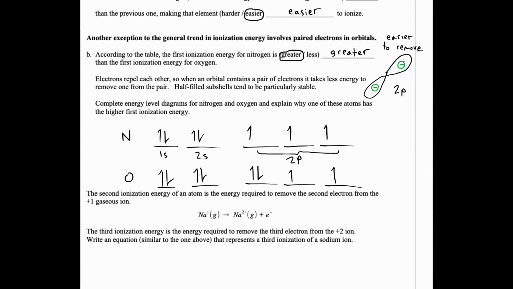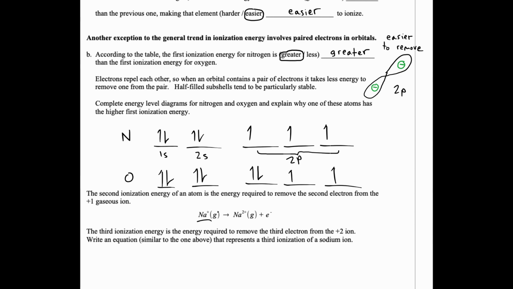The second ionization energy is when we're taking an atom that's already been made into a positive ion and taking one more electron from it, causing it to form a 2+ ion. Some atoms will do this very easily, whereas with others, it's very difficult to make them into 2+ ions. Sodium is an example.